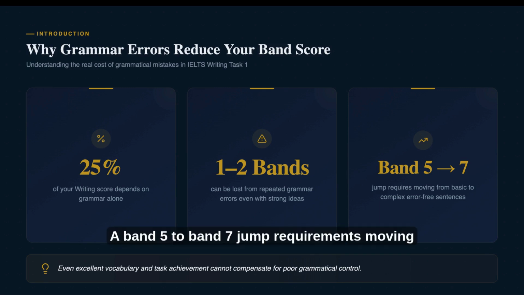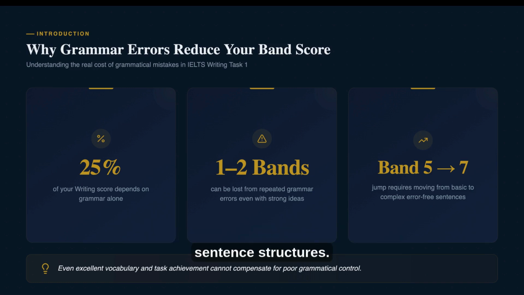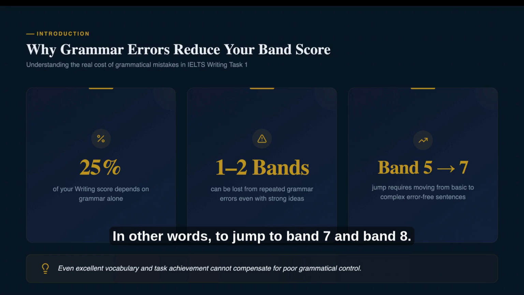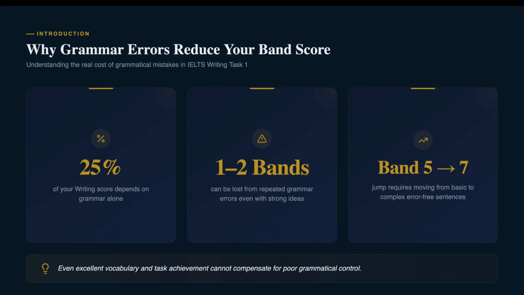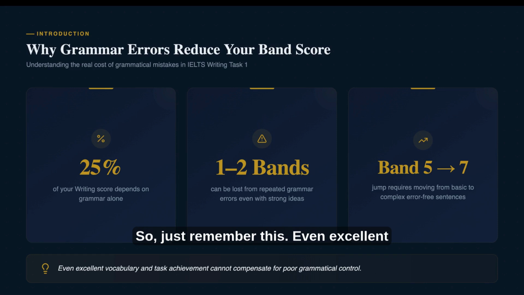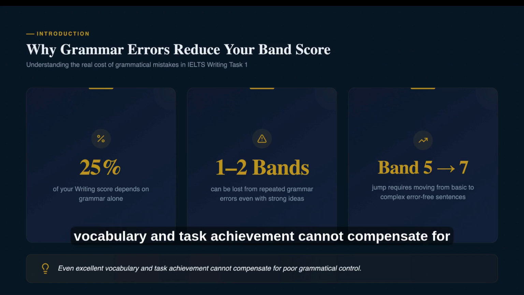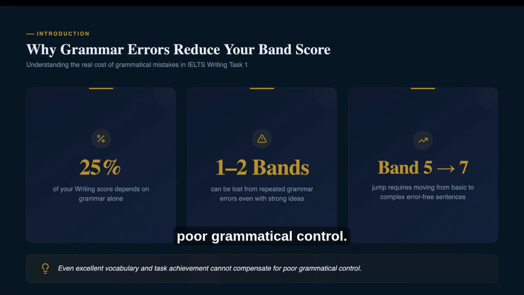A jump from band 5 to band 7 requires moving from basic to complex error-free sentences. So if you use simple sentences in a band 6, you have to switch to compound, complex, and more sophisticated English structures, in other words, to jump to band 7 and band 8. So just remember this. Even excellent vocabulary and task achievement cannot compensate for poor grammatical control.